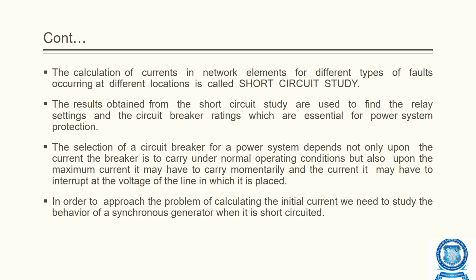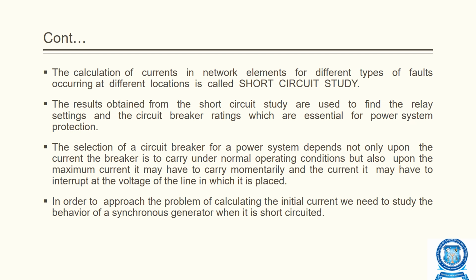The results obtained from short circuit study are used to find the relay setting and circuit breaker ratings, which are essential for power system protection. The selection of circuit breaker for a power system depends not only upon the current the breaker carries under normal operating condition but also upon the maximum current it may have to carry abnormally due to the occurrence of fault.